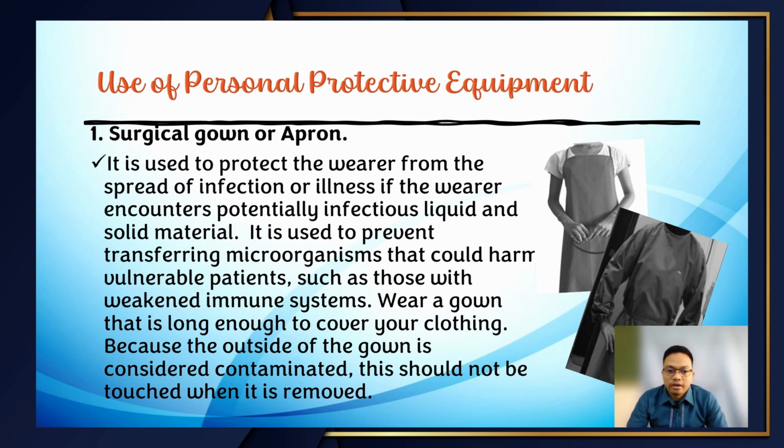If the wearer encounters potentially infectious liquid or solid material, it is used to prevent transferring microorganisms that could harm vulnerable patients, such as those with a weakened immune system. We can wear a gown that is long enough to cover our clothing because the outside of the gown is considered contaminated. This should not be touched when it is removed.